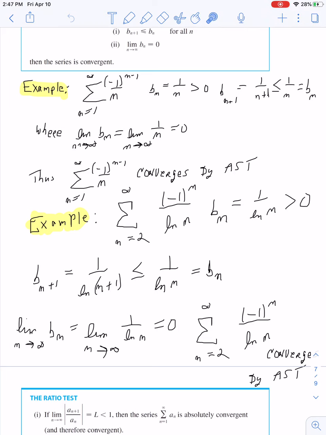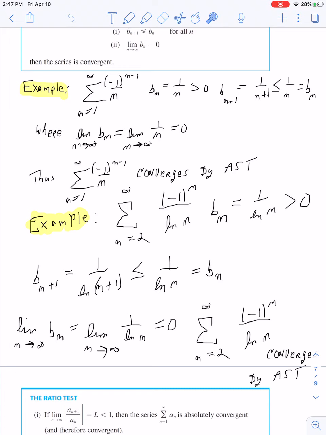All right, so it's an alternating series. What do I have to check? Just two things. Bn plus 1 is 1 over natural log of n plus 1, and Bn is 1 over natural log n. Well, since natural log is an increasing function, ln of n plus 1 I know is bigger than ln n, hence 1 over ln of n plus 1 is less than or equal to 1 over ln n.